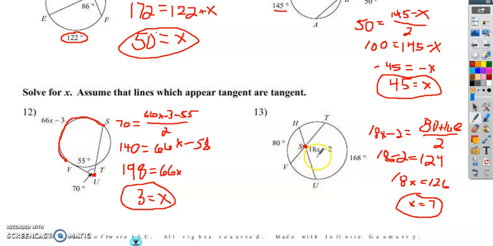And once again, if you wanted to plug that in, that 168 plus 80 divided by 2, so when I add those two arcs, I should get 124. 18 times 7 is 126 minus 2 does give us 124, so we see that that checks out as well.